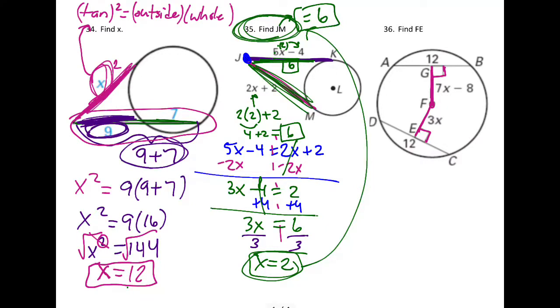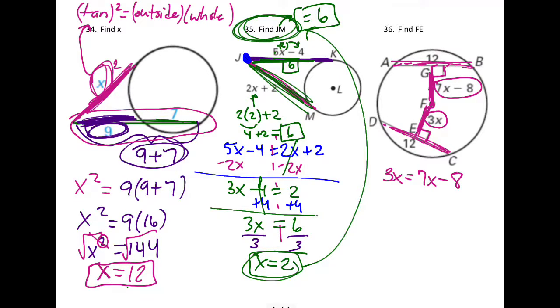So if the chords themselves are the same length, these both are 12, then the distances to the chords are the same length. Well, another word for same is equal. So 3x has to equal 7x minus 8. So that's anytime the chords are the same length, then the distances will be the same length. So you can set them equal to each other.